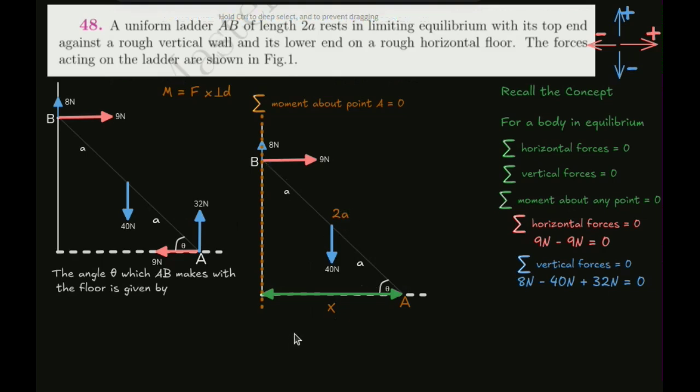So using cos theta equals adjacent x all over hypotenuse 2a, we have x equals 2a cos theta.